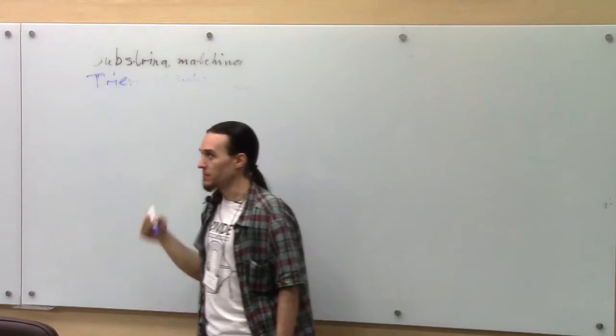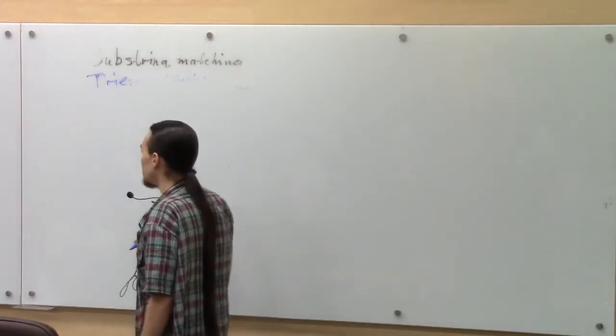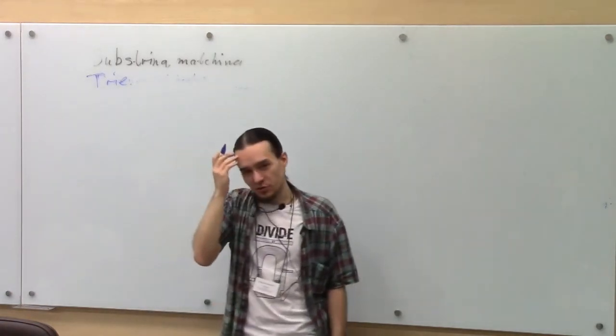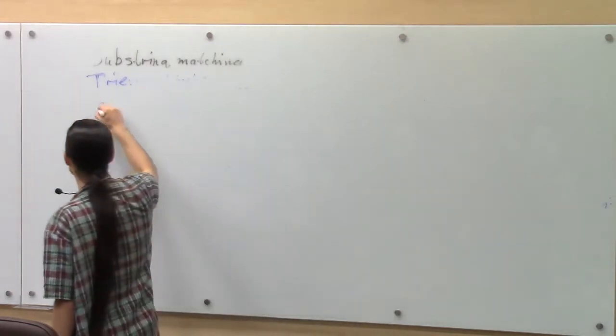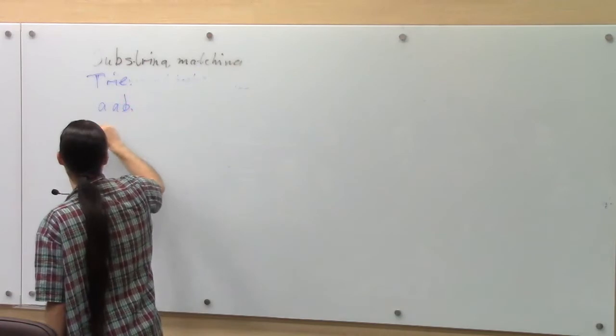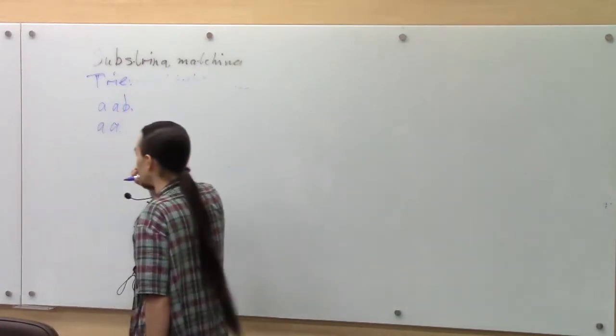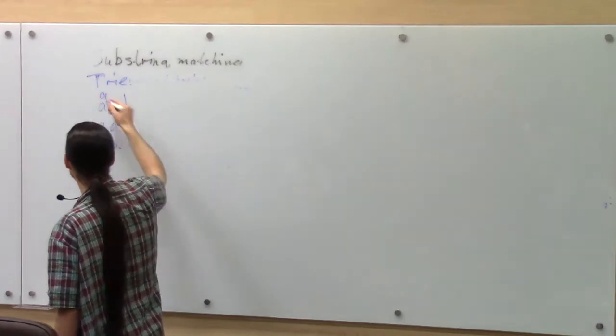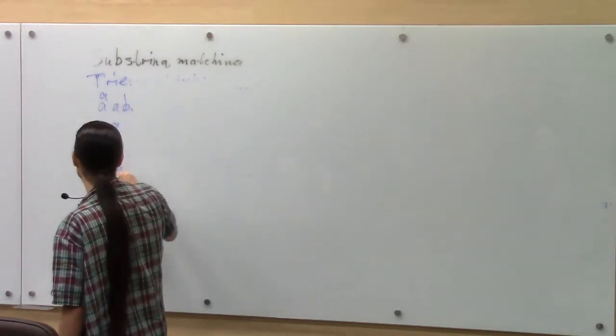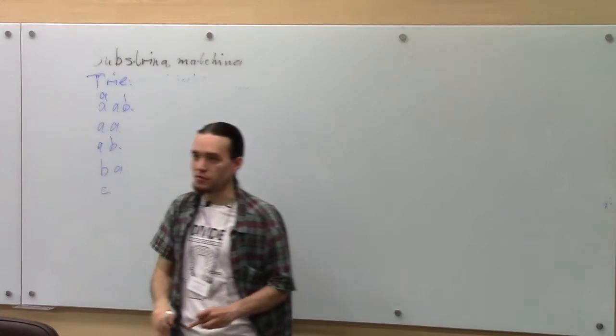So what a trie is, it is basically a convenient way to store a dictionary of words. So assume that we have some words like this, maybe also A, also like this. I don't know, some words.